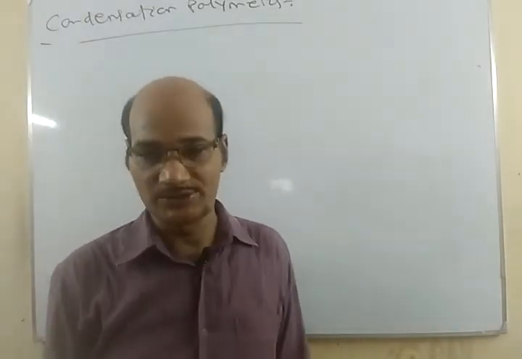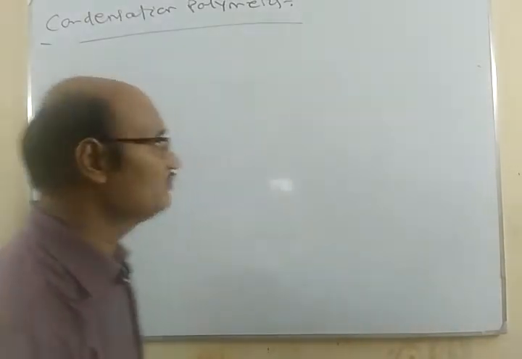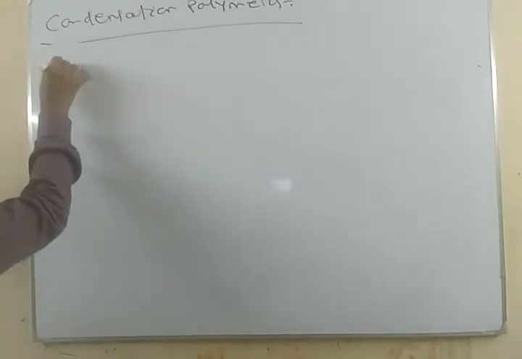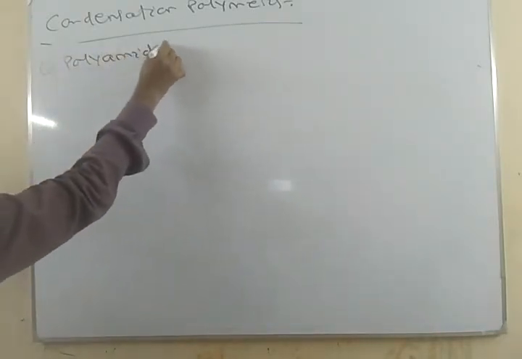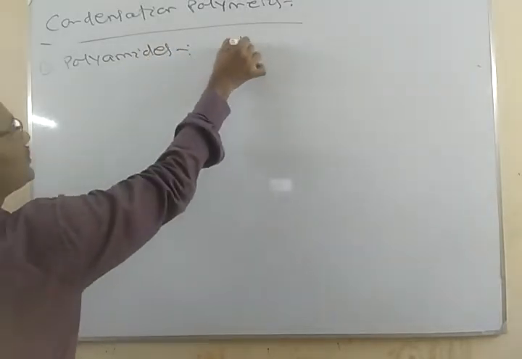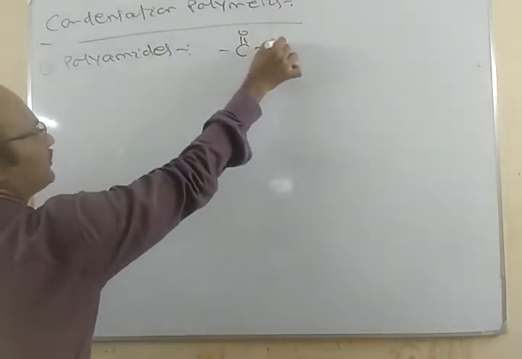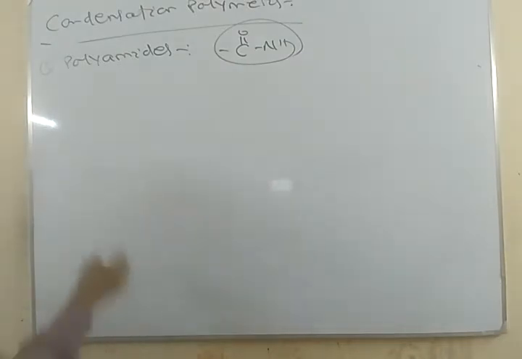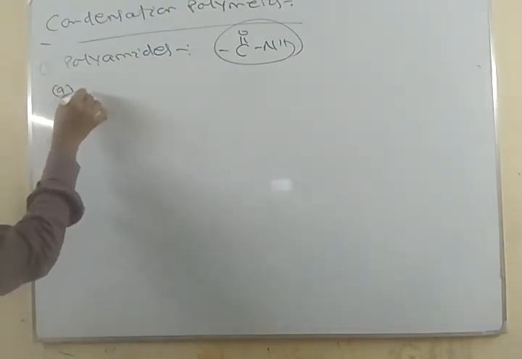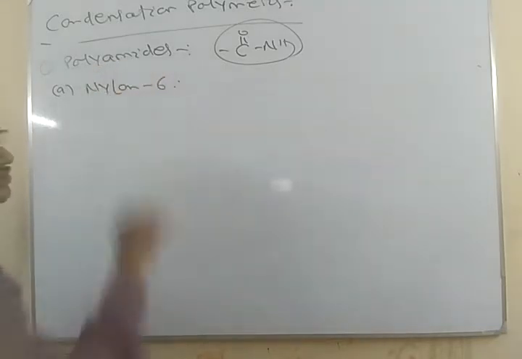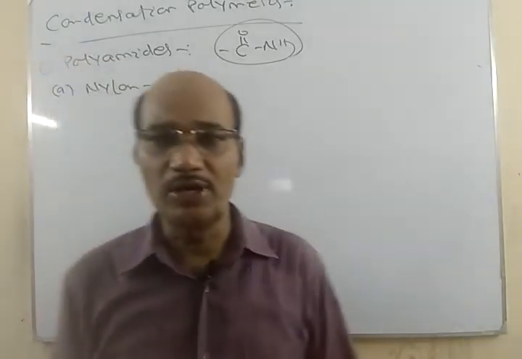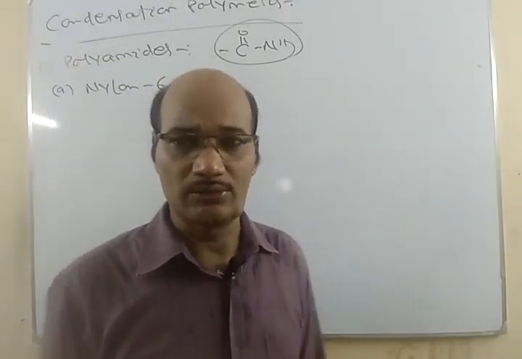Now polyamides. Okay. In the polyamides, we have the C double bond O NH group that will repeat. Okay. So number 1, nylon 6. Nylon 6 is the polymer of caprolactam.